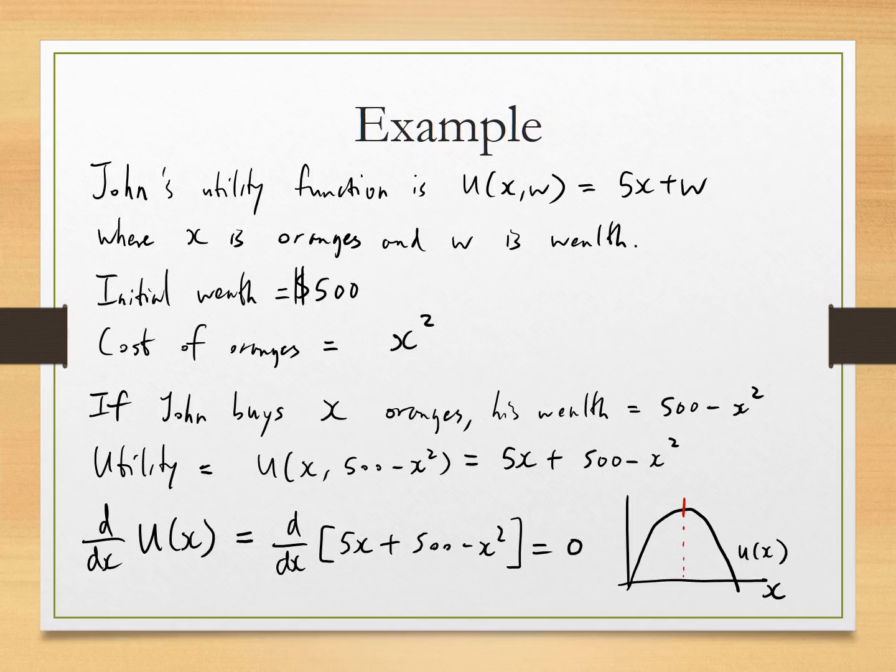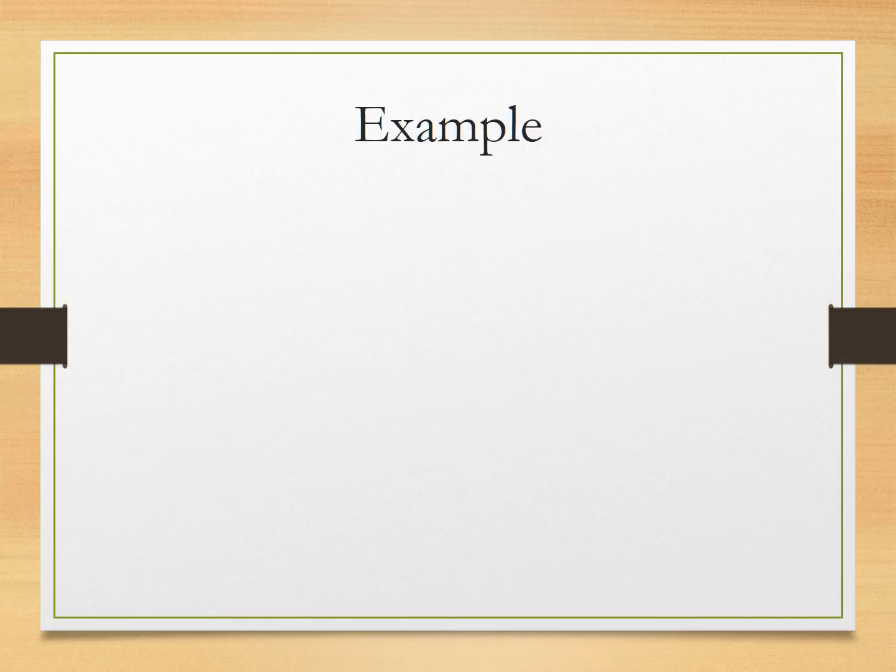And we have to set it to 0 and solve for x. That would give us this point, the red dot. So that's what we're looking for. This point. d dx of 5x plus 500 minus x squared has to equal 0.